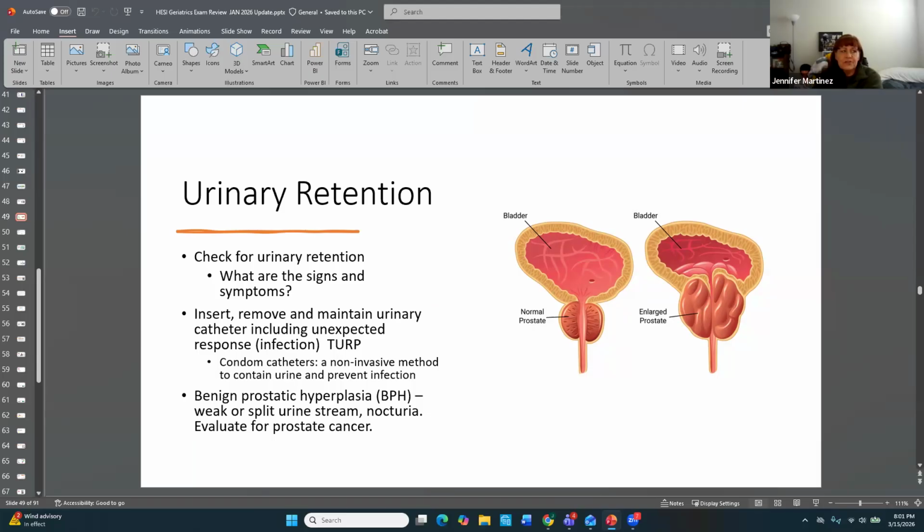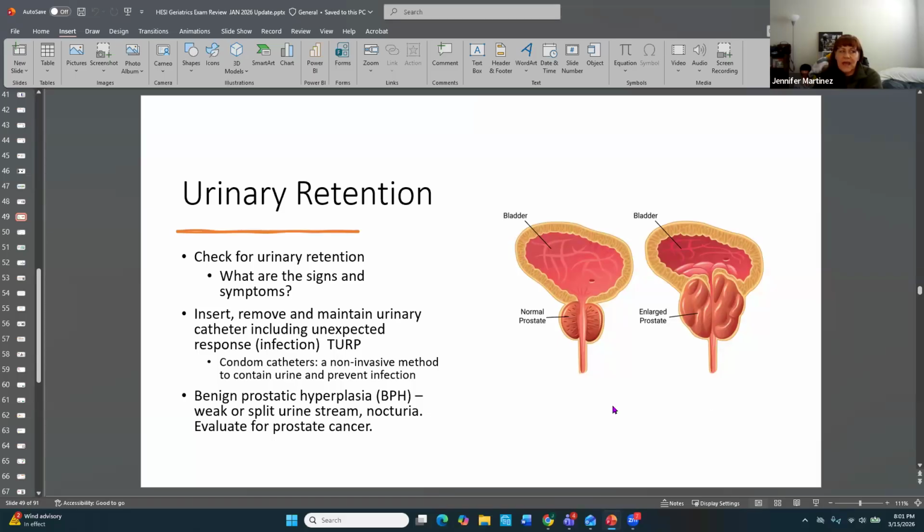So insert, remove, and maintain urinary catheter, including expected response, a TURP procedure, which is the transurethral resection of the prostate. They can go up transurethrally, means that they're going to go up the urethra, and they can resect the prostate to alleviate the constriction on the urethra.